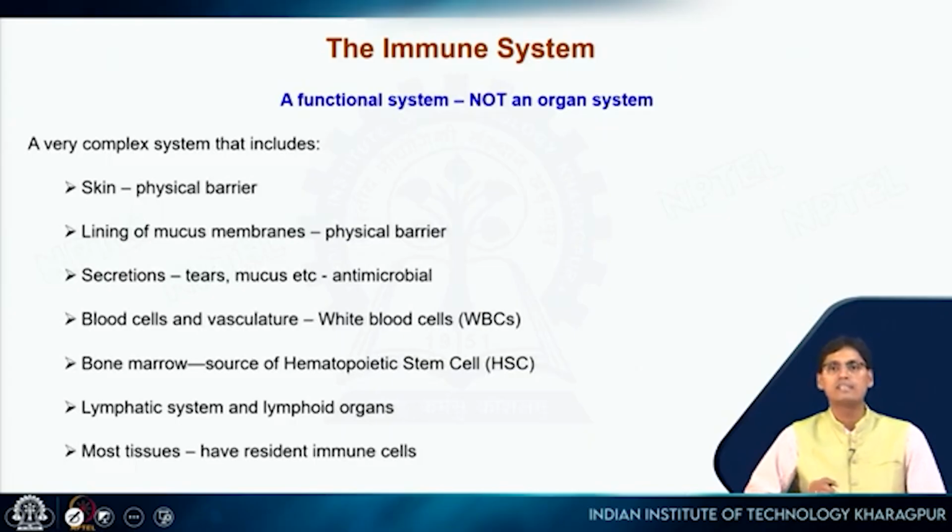They travel into tissues so that whenever some infection comes, they can act on it. As a result, the immune system is a functional system, not an organ system like the kidney or the lungs. It is present everywhere in our body so that we are protected.